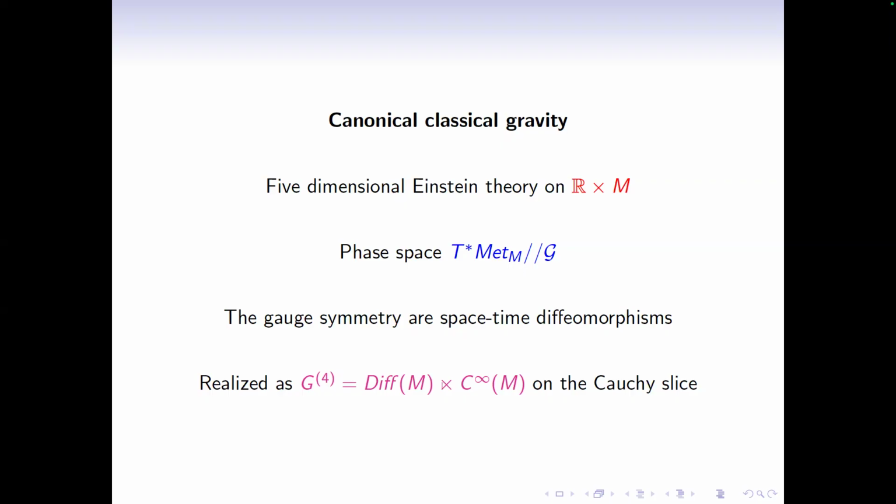I just have its generator, which is quadratic in the momenta, called the Hamiltonian constraint. And people who look at quantum gravity try to make sense of it quantum mechanically. In this context, the group whose moment map we are imposing is the same group. It is the semi-direct product of the 4-dimensional diffeomorphisms and functions.